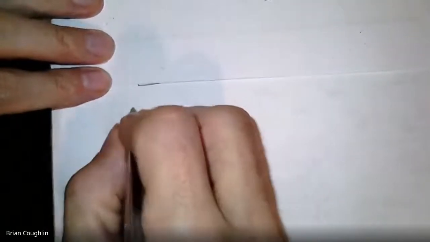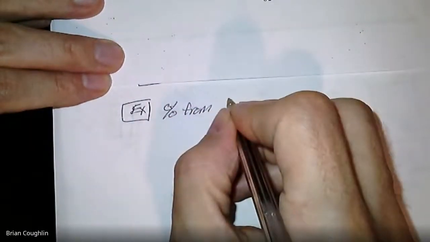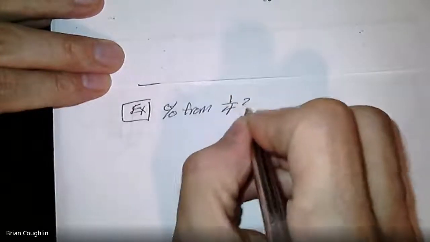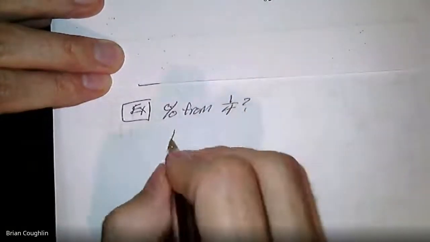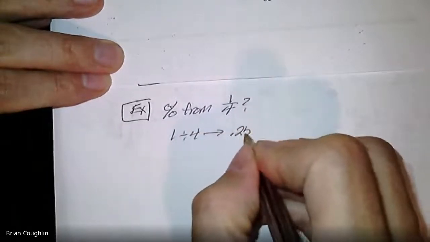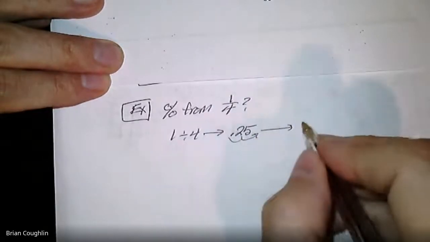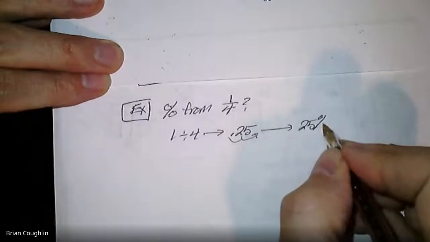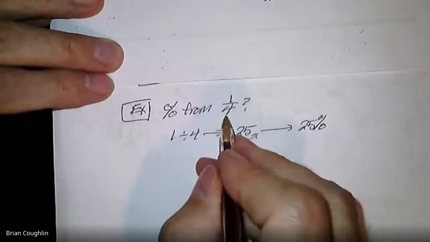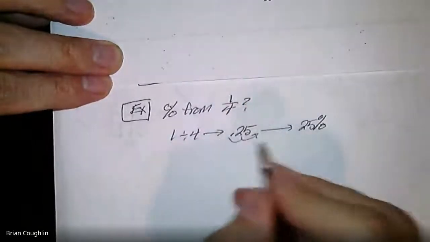So let's just say, as a quick example that has nothing to do with this problem, if I want to know what is the percentage from 1 over 4, the way you do it is you take 1 divided by 4, and that's going to give you eventually 0.25 as a decimal, and then all you have to do is move it over 2 spaces to get the percentage. Remember that? Now, the exact same thing will happen. You can do the division problem and then move it over 2 spaces. Even if it's an icky decimal, it'll still work.